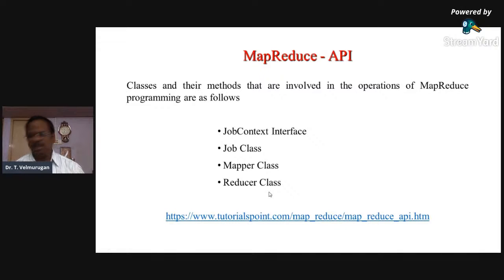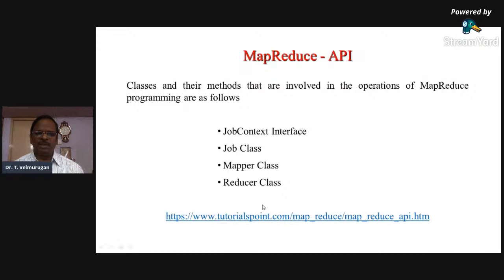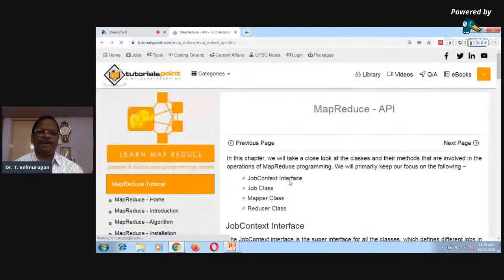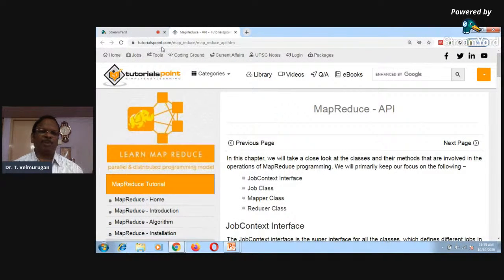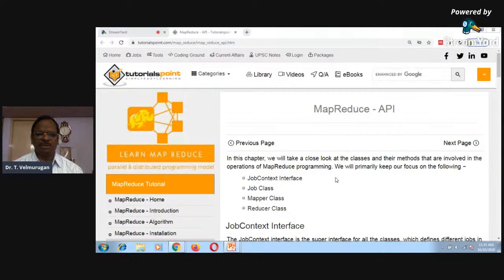We can easily find the tutorial for all this. Already I told you about tutorialspoint.com, a website which has an elaborate discussion about the mapper and reducer task.